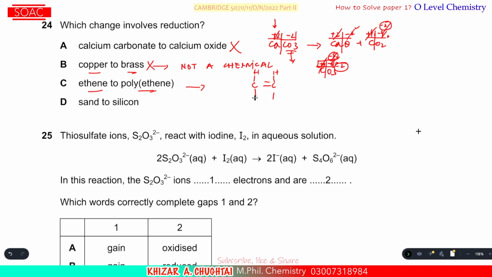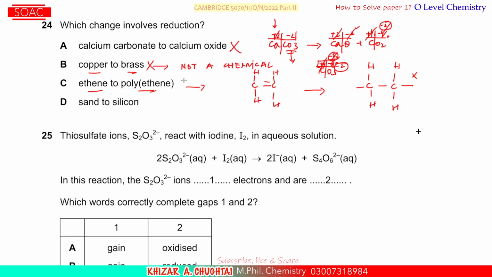This is the monomer ethene; when it changes into the polymer, the carbon is again attached to similar types of atoms around it, so there is no change in the oxidation state of carbon or hydrogen. So again, it's incorrect. The last one is the correct option.